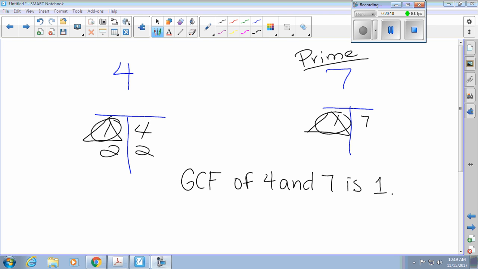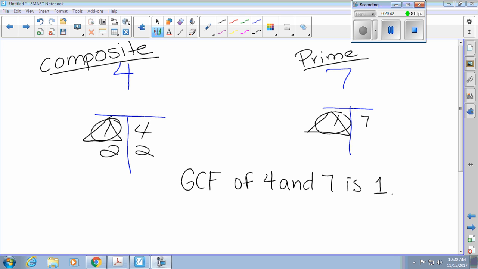Begins with a C. Jasmine? Compatible numbers? Close. She said compatible. Not composer. Composite. Did I spell that right? But it's a composite. Okay.